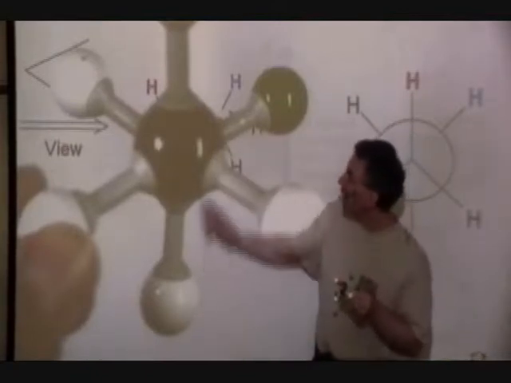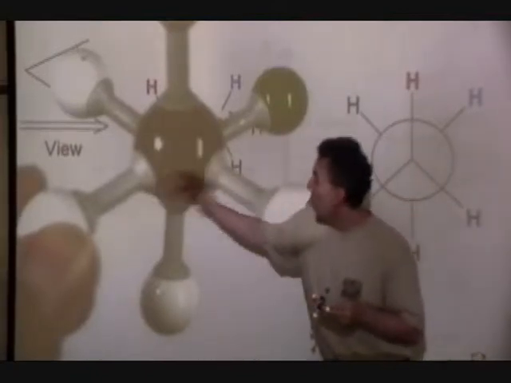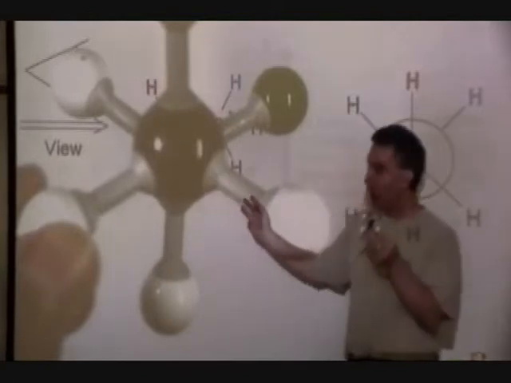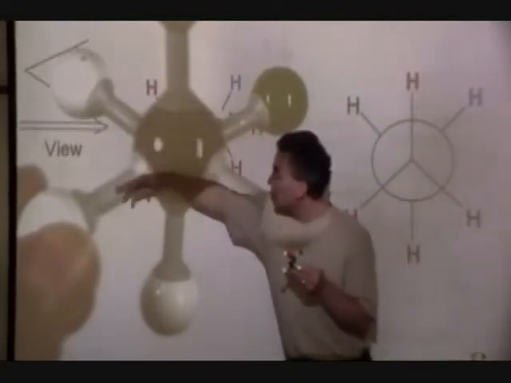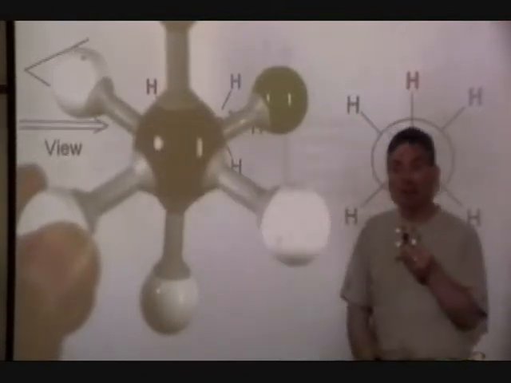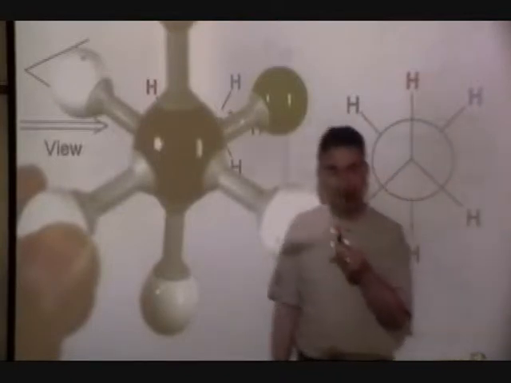In these two dimensions, it looks as if they're taking up a Y shape: three bonds at the front, and then three bonds slightly at a different angle at the back. Okay? That makes sense? So these are the Newman projections.